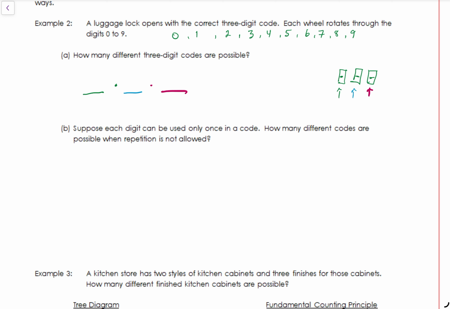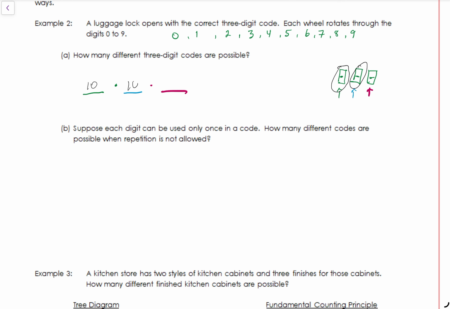So I'm just going to ask myself, well, how many options do I have from rolling the numbers? Now, remember that each wheel has the digits 0 through 9. Well, how many choices do I have for this first wheel? 10. Now, how many options do I have for the second wheel?